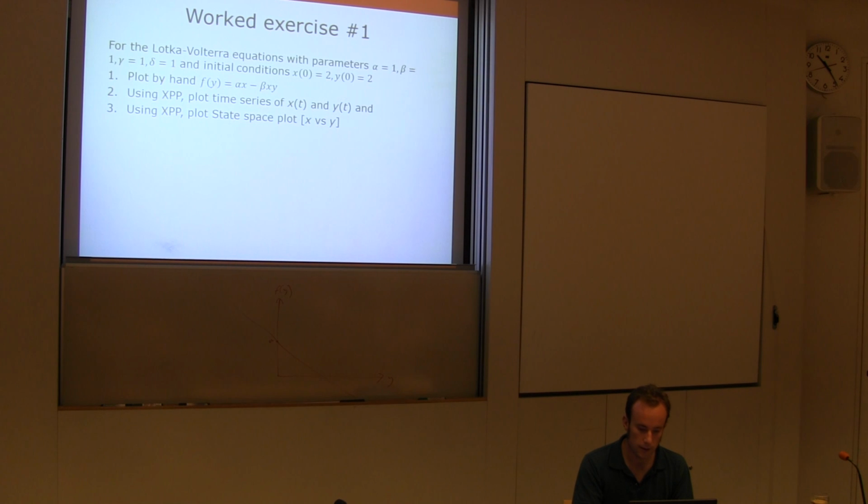So in this example, I set the initial condition of x, which I indicated by x at time 0, to the value 2, and I've written y at time 0 to take the value 2. So the initial conditions relate to the state variables. Exactly. Good question. Any other questions?